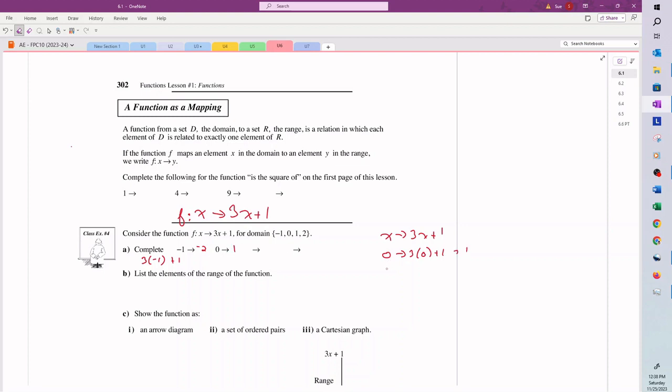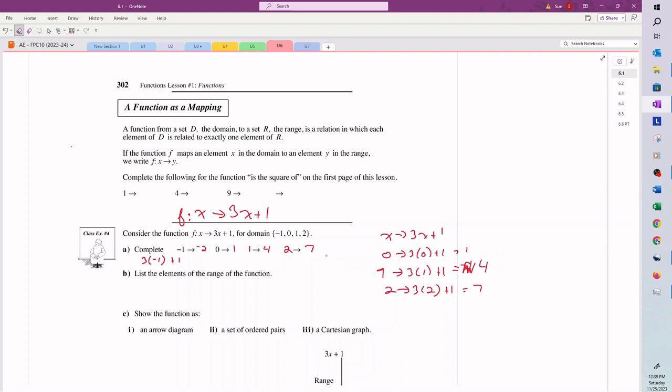And then we have 1, and we're going to go 3 times 1 plus 1. So that equals 4. So 1 maps to 4, and then 2. If I take 2, I go 3 times 2 plus 1. That's 6 plus 1, and so 2 maps to 7.